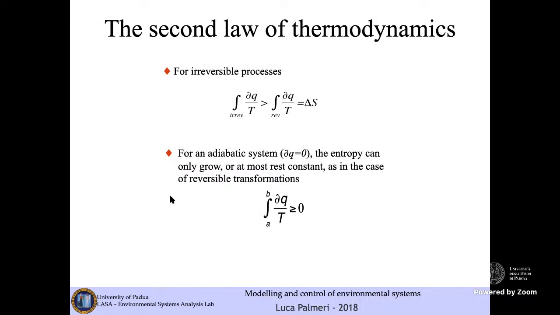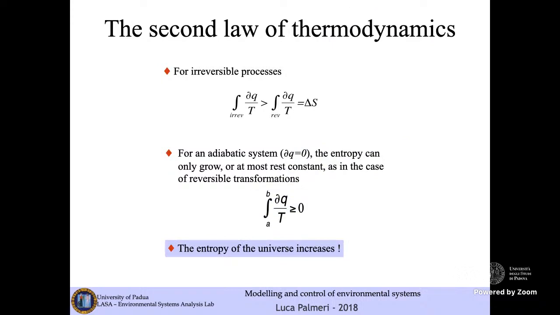The entropy can only grow or at most remain constant, as in the case of reversible transformation. Formally, we may write that the integral between state A and state B of the quantity of heat exchanged divided by the temperature at which the exchange took place is always larger than or equal to zero.